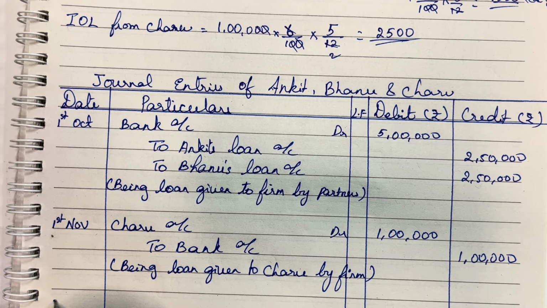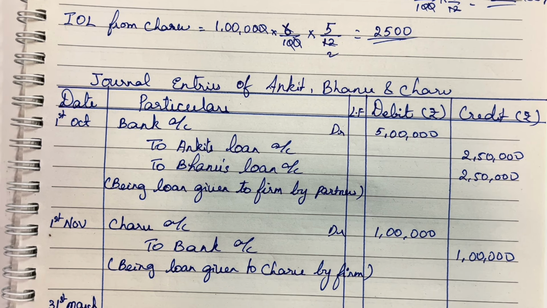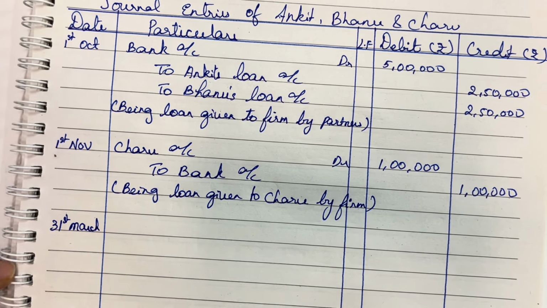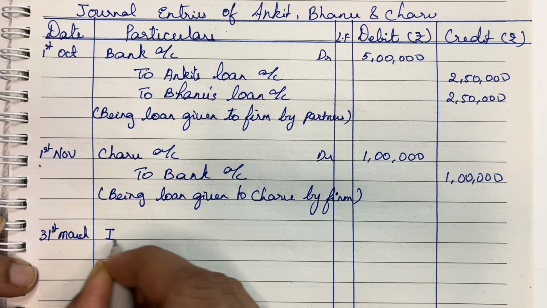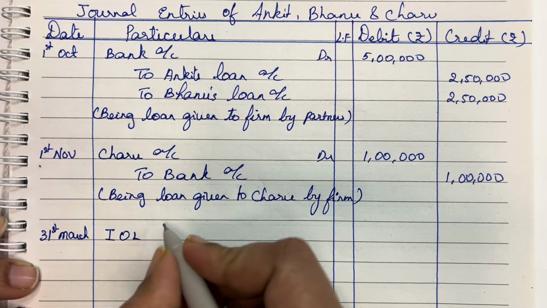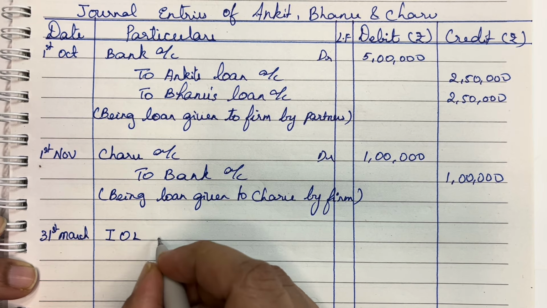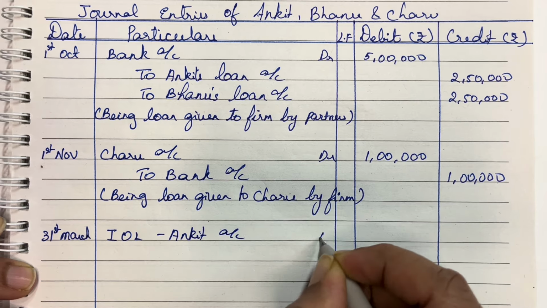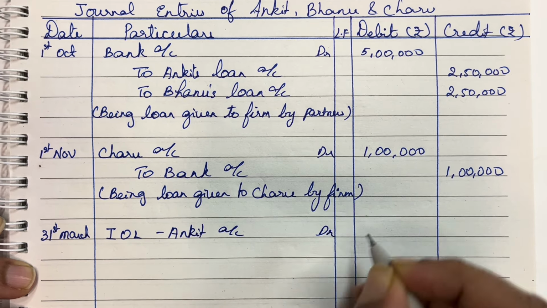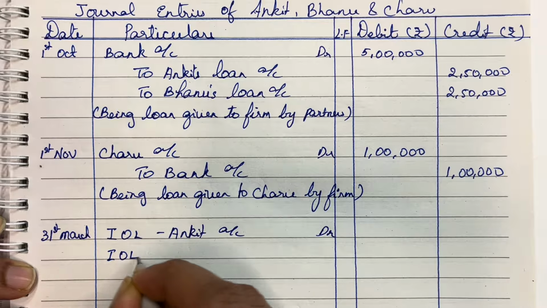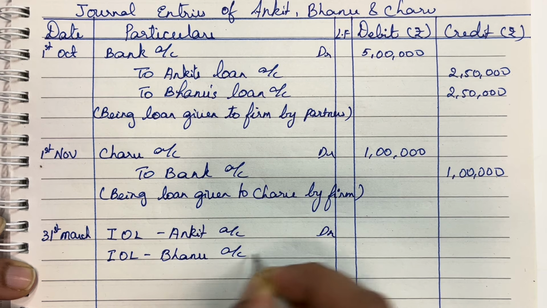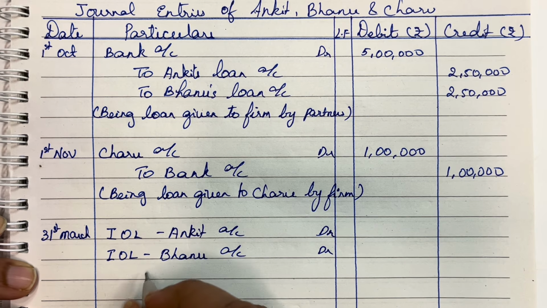The next journal entry will be prepared on 31st of March. This is for interest on loan. Interest on loan, Ankit account debit, interest on loan, Bhanu account debit.